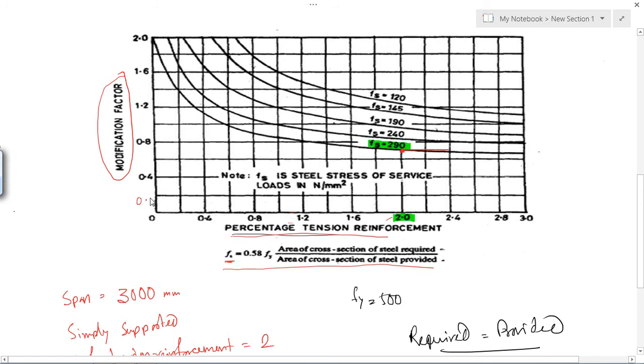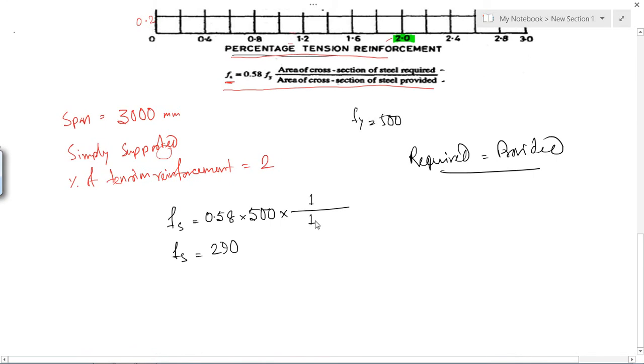It is 0.2, 0.6, 1.0, 1.4, 1.8, and you can see the line will be here, something that will be 0.7. So the modification factor is 0.7.